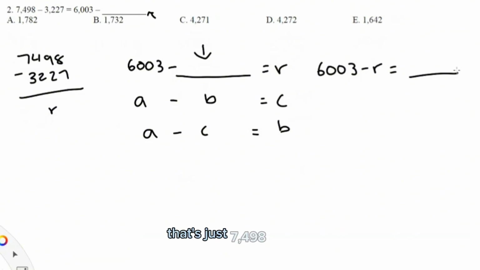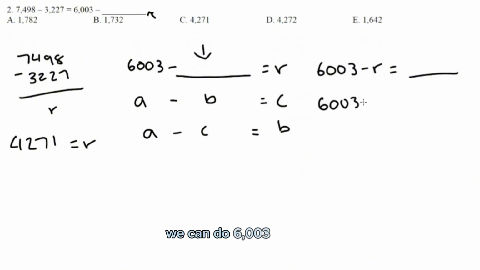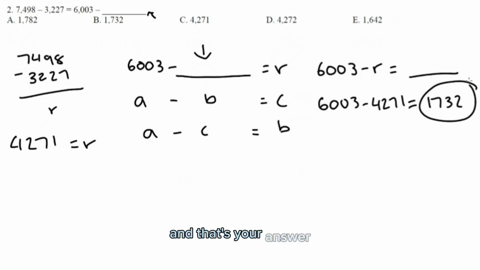That's just 7,498 minus 3,227, which is 4,271. Now that we know that 4,271 is equal to R, we can do 6,003 minus 4,271. That gets us 1,732, and that's your answer.